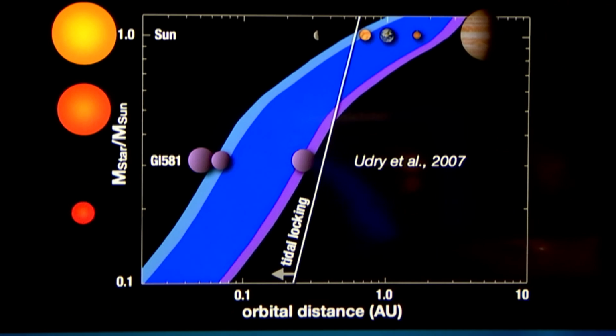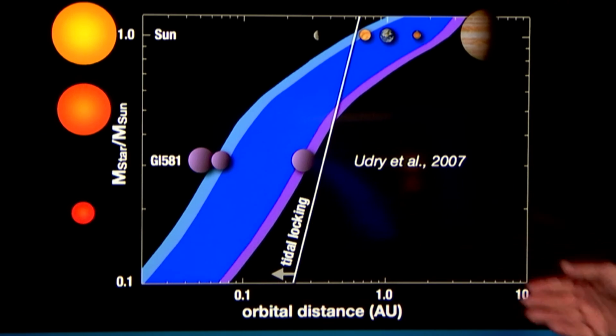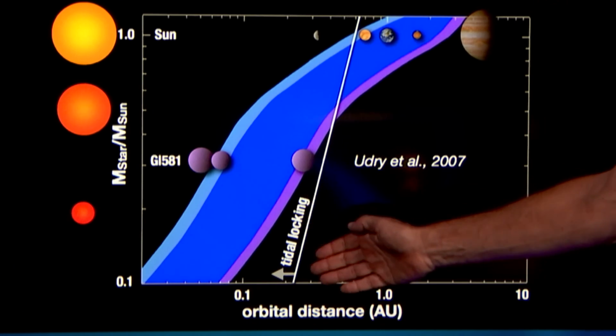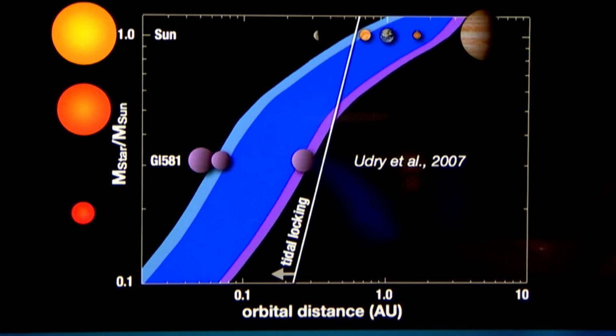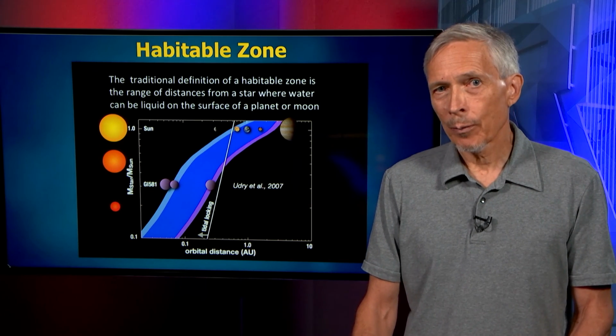For these very low mass stars, what happens is that the habitable zone enters a region beyond this line representing tidal locking, which means the planet, especially an Earth-like planet, is so close to its relatively low mass star that it is tidally locked and always has one face pointing at the star. That itself may affect the habitability. So we do not have a good idea yet as to the habitability of planets around dwarf stars.